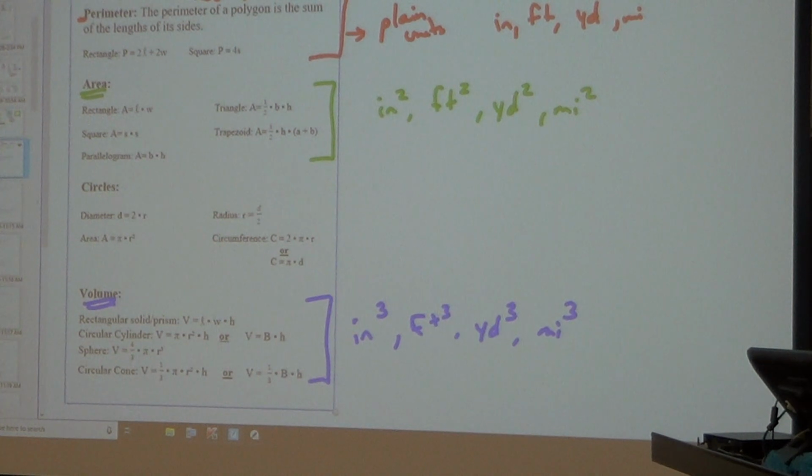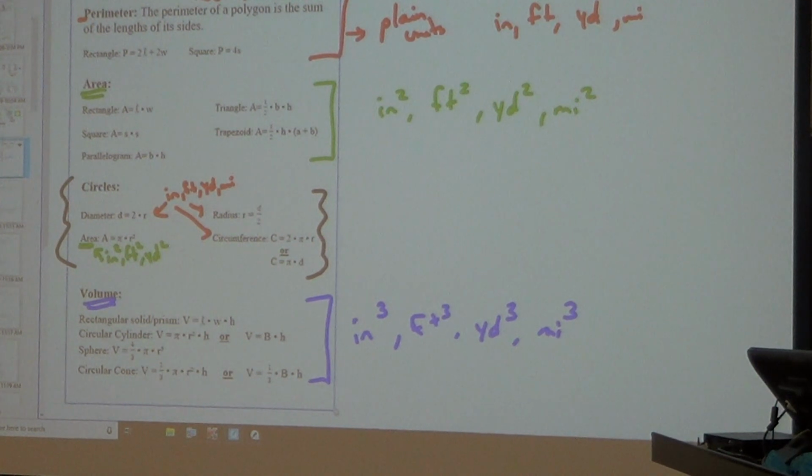Now the one that's not in order is the circles. This one is area. Right here it says area, so it follows the rules of area, which is inches squared, feet squared, yards squared. The other three, this one, and this one, they are all plain. Inches, feet, yards, miles.